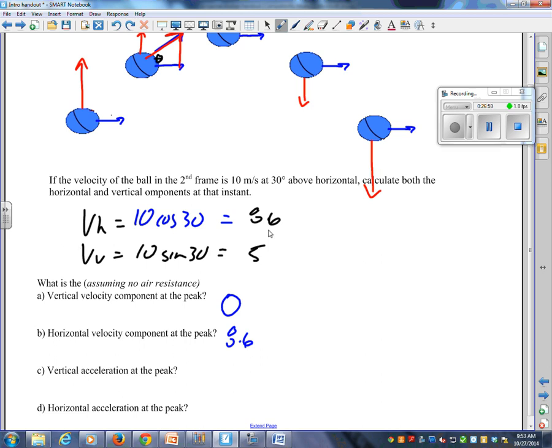Because the horizontal is constant throughout. What is the vertical acceleration at the peak? Minus 9.8. Right? And what's the horizontal acceleration at the peak? 0. In fact, the horizontal acceleration throughout the entire trip is 0.